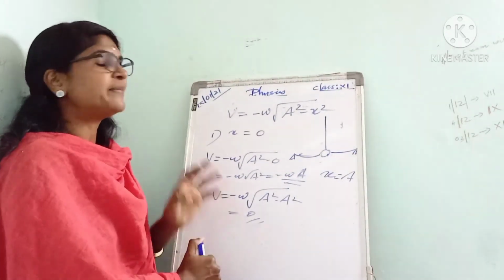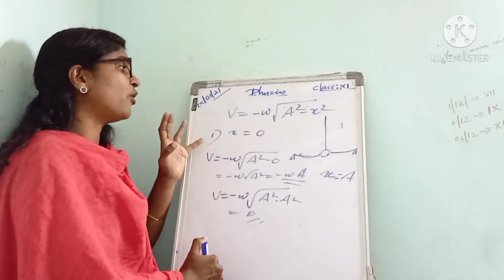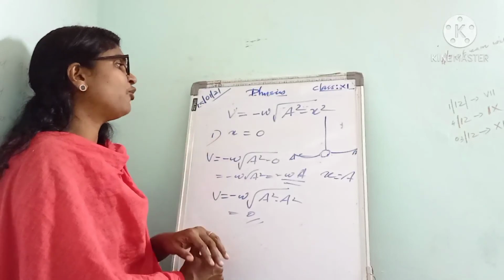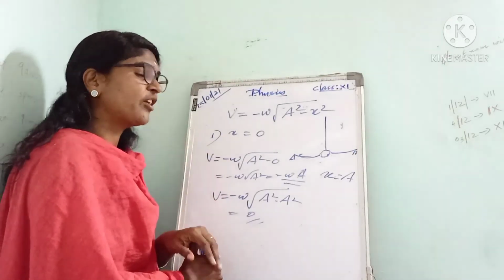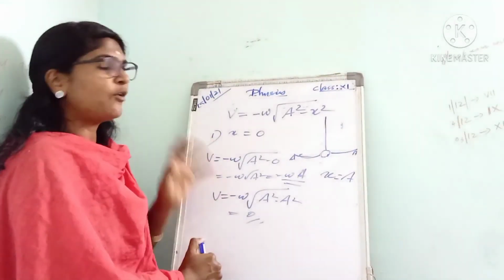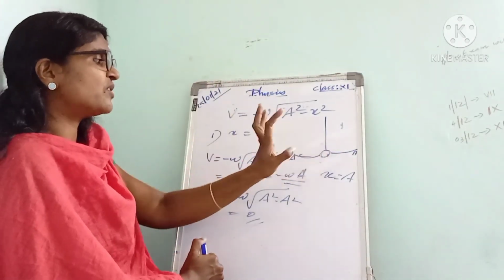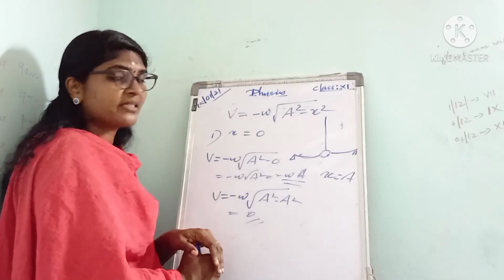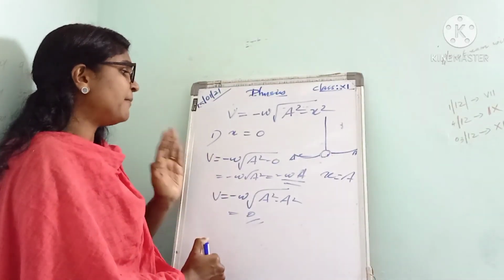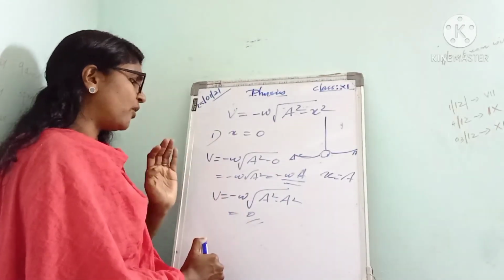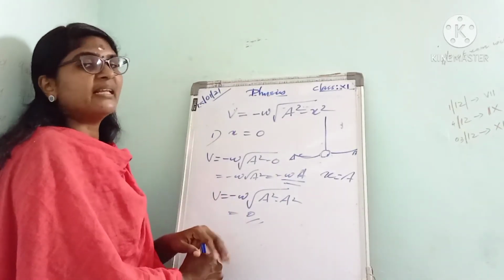Next we obtained the relation for velocity of the vibrating particle executing simple harmonic motion, that is v equal to minus omega square root of a square minus x square. We also learned two special cases, the velocity at the mean position and at the two extreme positions. At the mean position it has the maximum velocity, that is minus omega a, and at the two extreme positions the velocity is 0.